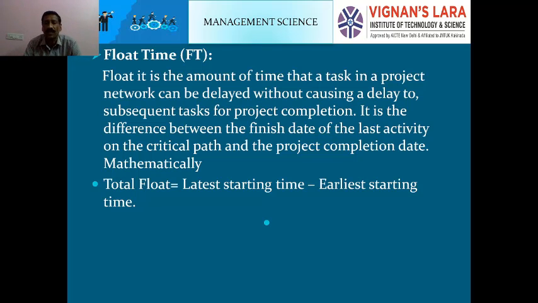It is the difference between the finish date of the latest activity on the critical path and the project completion date. Mathematically, total float equals latest starting time LST minus earliest starting time EST, which can be identified as total float.